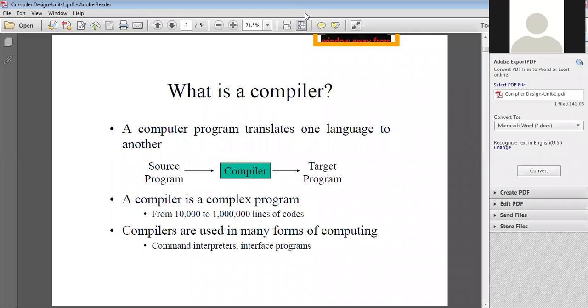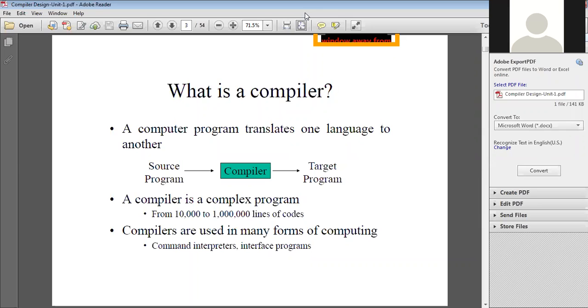Now first we emphasize the compiler. So what is the compiler? A computer program that translates one language to another. Whenever we write a program, we always write it in a high level language, and that is called the source program. So whenever we write the program on the computer screen, that is called the source program.